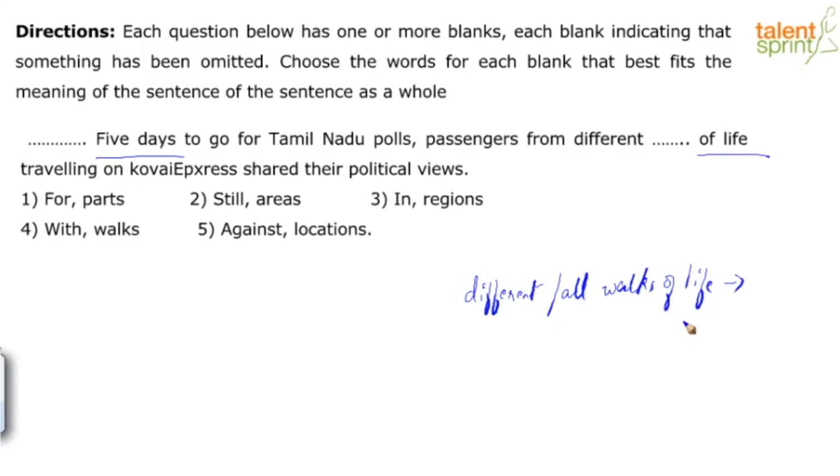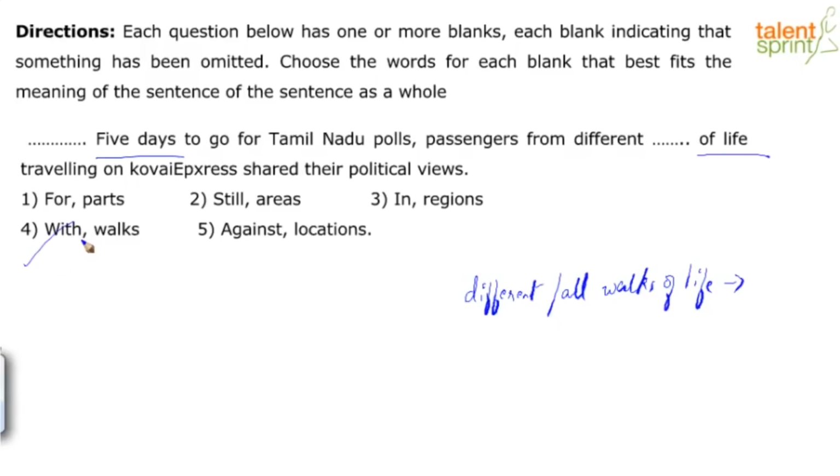Maybe they are from different sectors in terms of jobs, in terms of their occupation, right? So everybody, not just from places or regions. When you say all walks of life, middle class, upper middle class, the poor section, whoever it is, lower middle class, below poverty, everybody is giving their view on the polls, which means the answer is option 4.